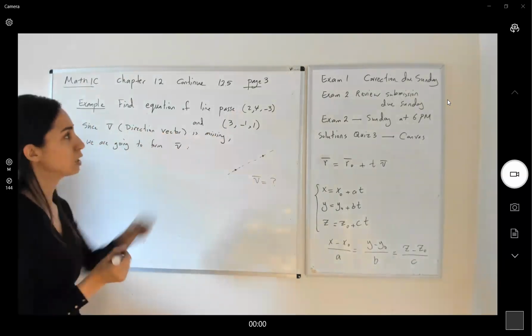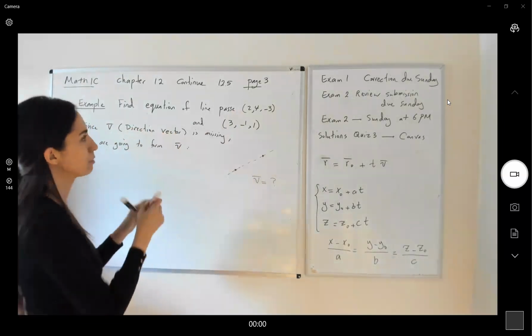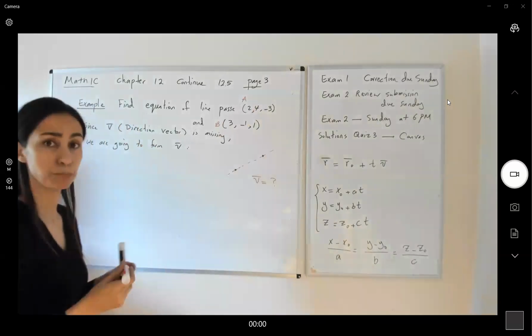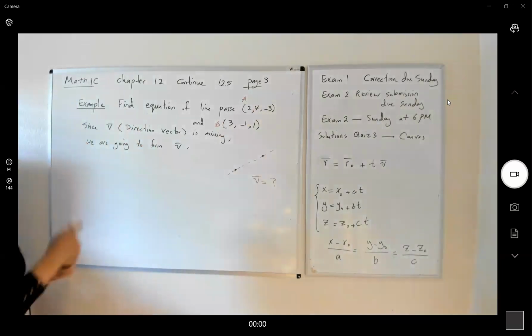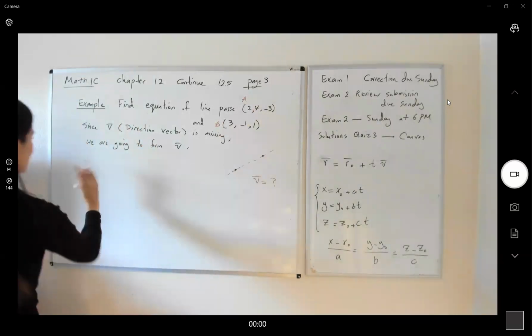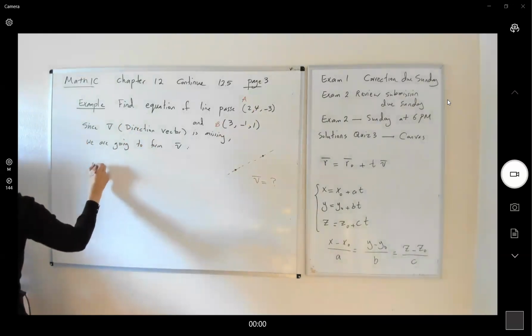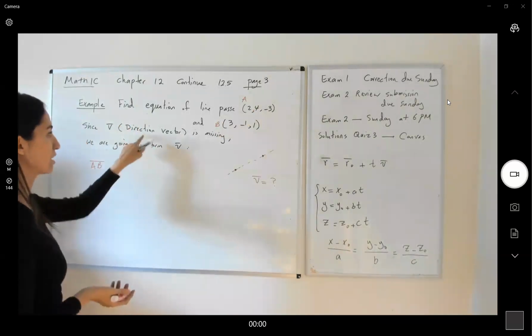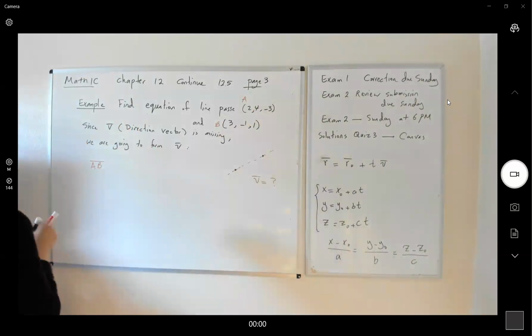How do we do that? Suppose this is your first point, A, and this is your second point, B. They're going to form AB. The line passes through AB, and we're going to use this as our directional vector.